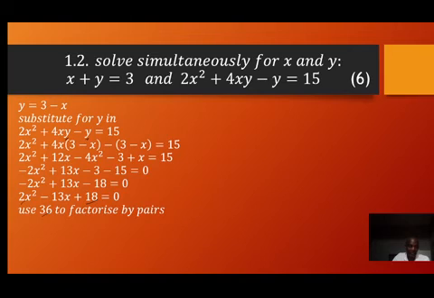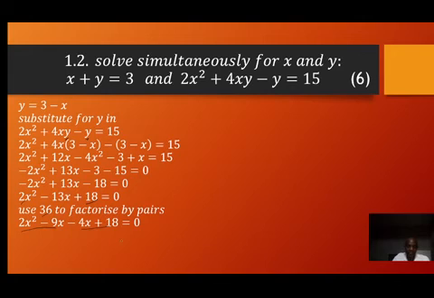Now I look for two numbers that multiply to get 36, but when you add them, get negative 13, and those numbers are actually negative 9 and minus 4, because negative 9 times minus 4 is positive 36, and negative 9 minus 4 is minus 13. So this means now I have this pair here, and this other pair here.